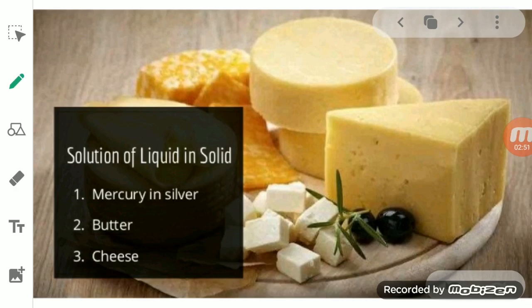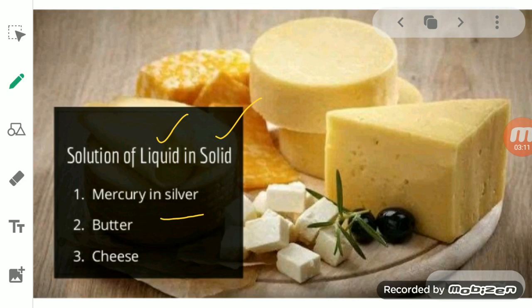Then we will see the next one, and that is liquid in a solid. So suppose you are taking a liquid as a solute in a small amount, and you are dissolving that liquid in a solvent, that is a solid.